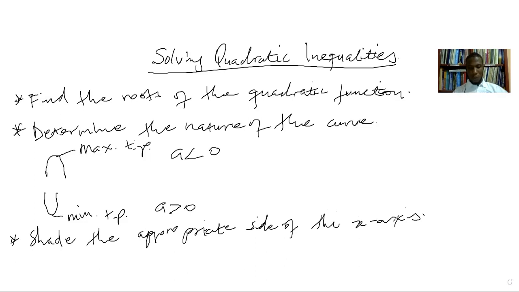Good. So with these 3 points, the values that fall within the shaded region become the solution for our question. So let's take one question and see how we will apply these 3 points in solving them.